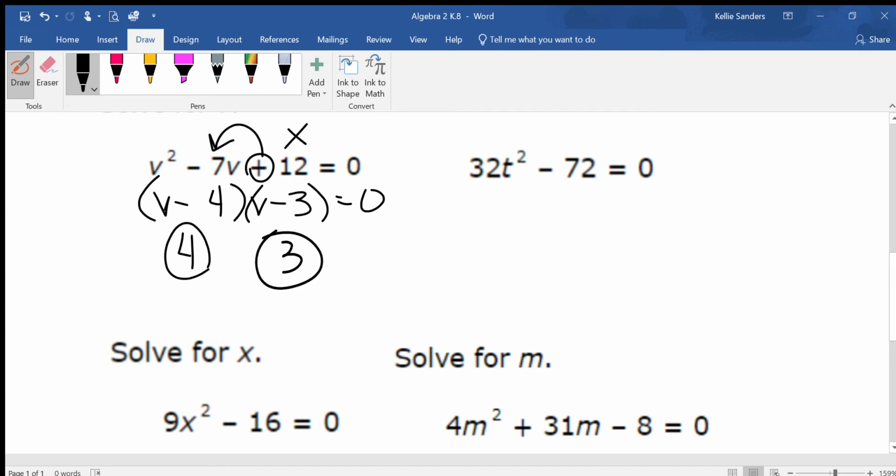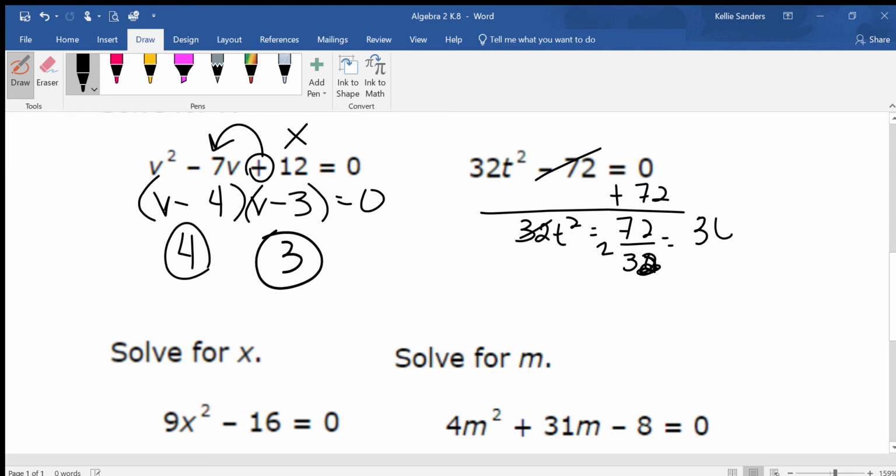32 and 72. You know, I'm not going to factor this one because it's a t squared, and it's just like what we did in case 6, I think it was. Yeah, case 6. So we're going to add 72. We can do this if we don't have a b. 32 reduces by 2 and gets 36 over 16.